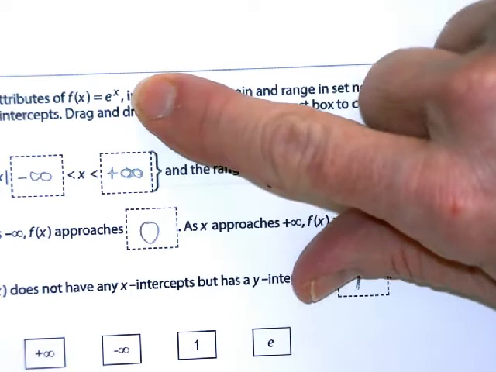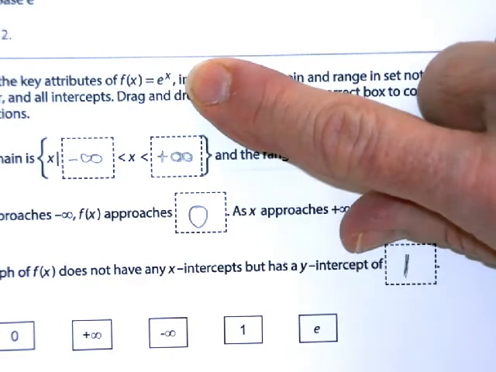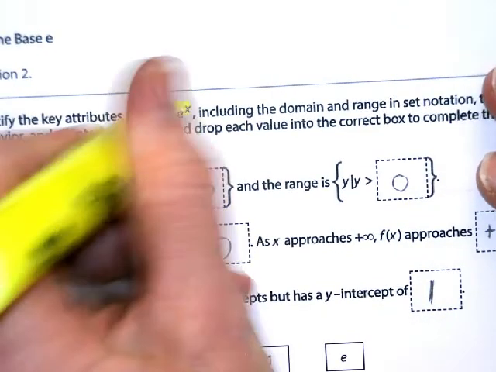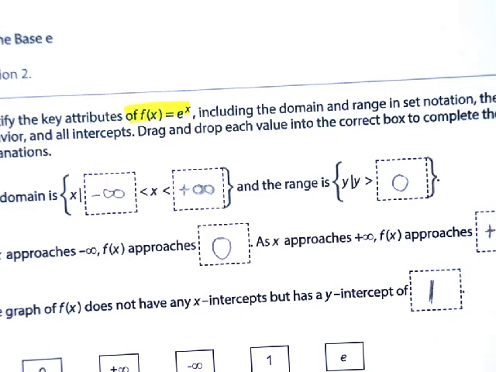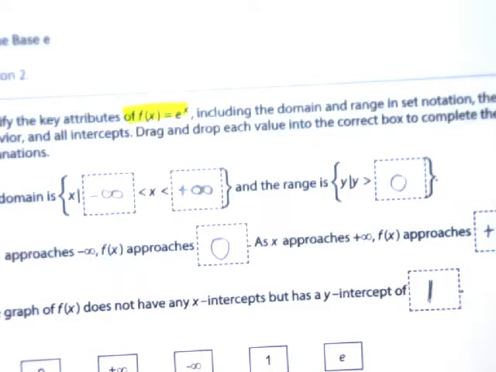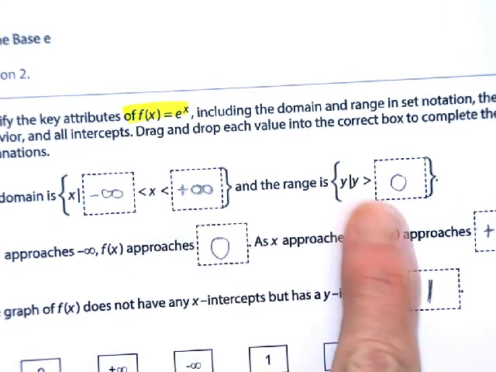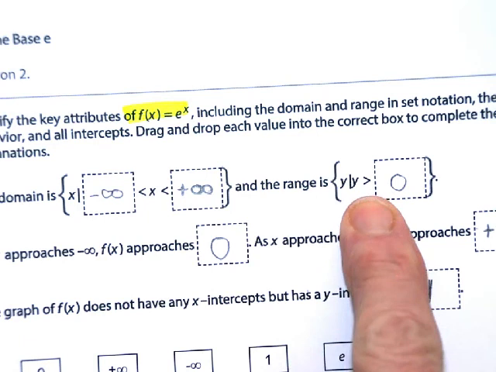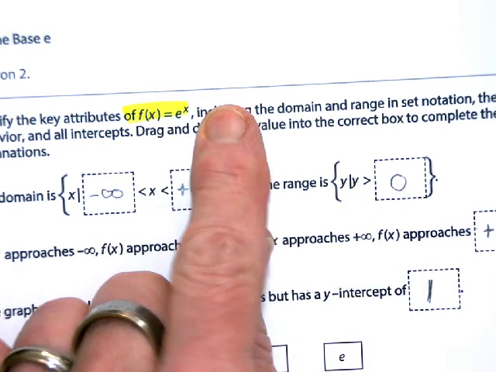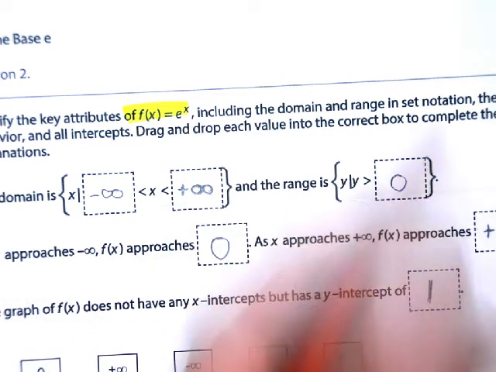Okay, the next one is talking about that parent function here. So they said before you start transforming it, I'm going to go ahead and highlight it because you don't need all the words there. If you are writing this down, the domain remains the same because it is an exponential growth function, and the range is the same because remember, if you're adding a number you don't see out to the right, it's 0.